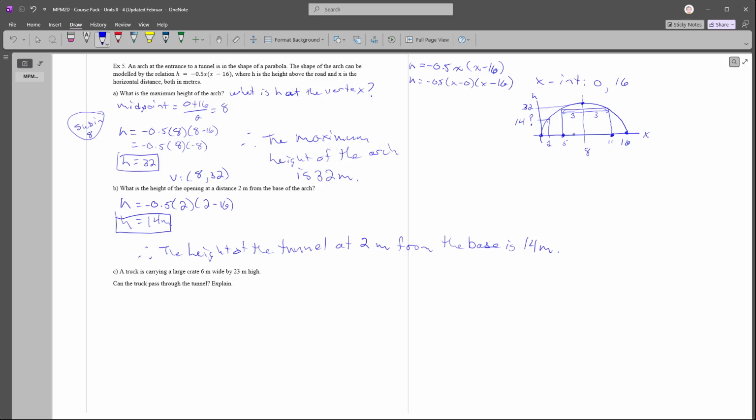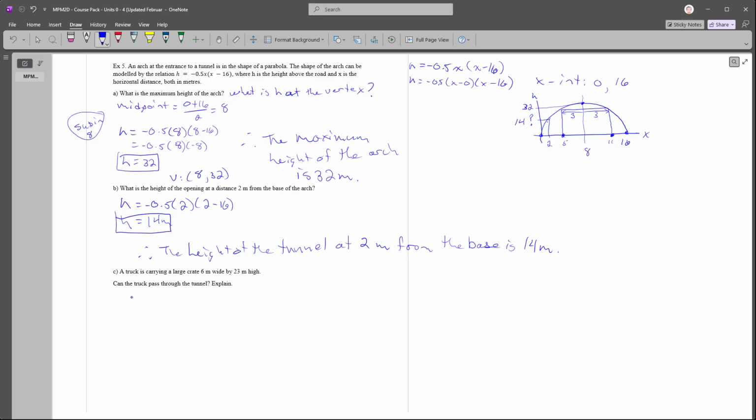So if we know those values, all we have to do is calculate the height at those values. They're going to be the same height because it's symmetrical. What is the height at 5 meters? If it's greater than or equal to 23, the truck will pass through. If not, the truck's going to hit the edge. There's no way around that.